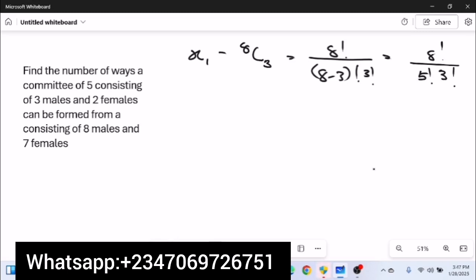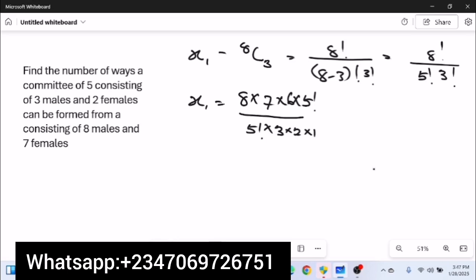So x1, which represents the number of ways in which 3 males can be selected from 8 males, is given simply as 8 factorial, which is 8 times 7 times 6. We can kill it at 5 factorial since we'll have 5 factorial at the denominator. So divide by 5 factorial multiplied by 3 factorial, which is 3 times 2 times 1.